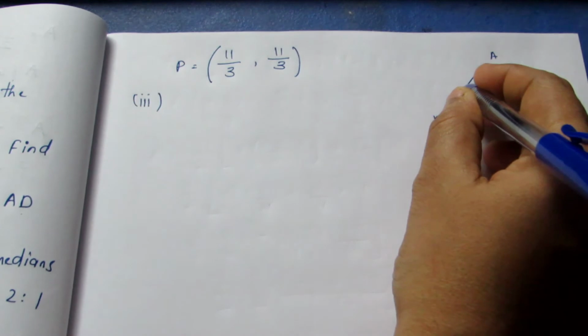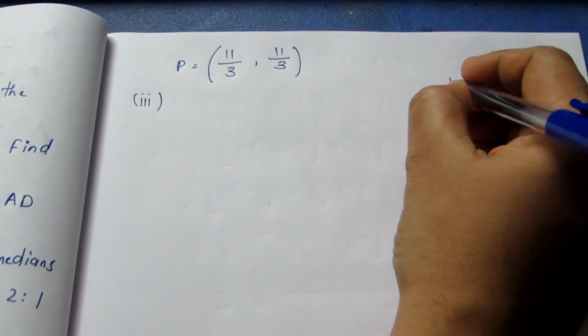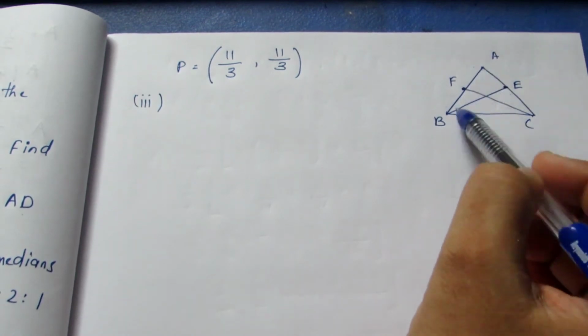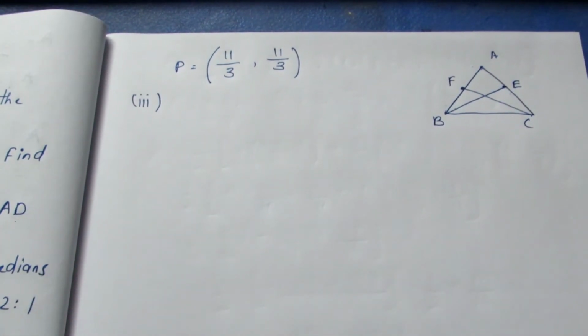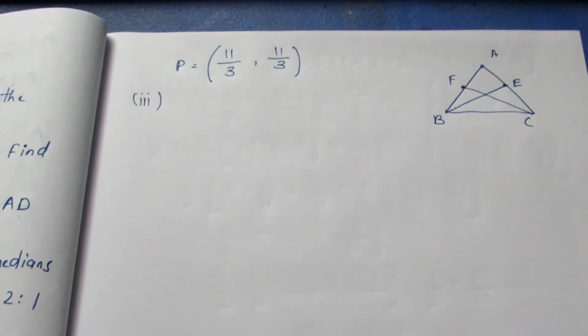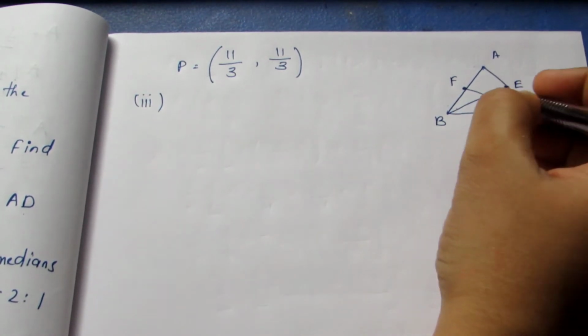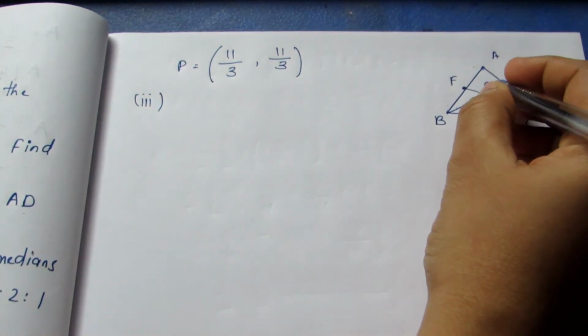These are the medians. That means E and F will be the midpoints, and F will be the midpoint of AB. So they have given that Q and R are on the median BE. So there are some points, point Q and R.